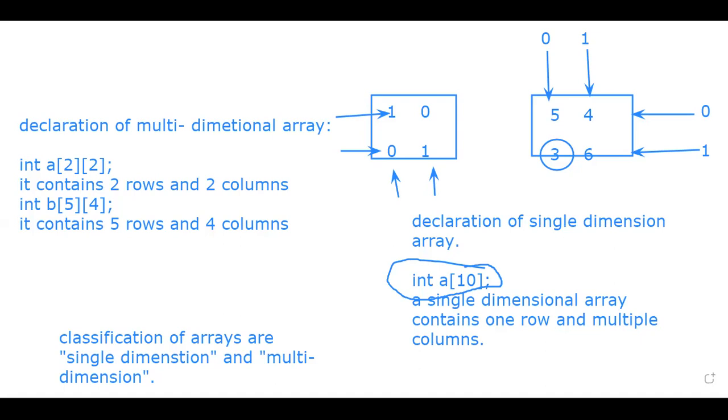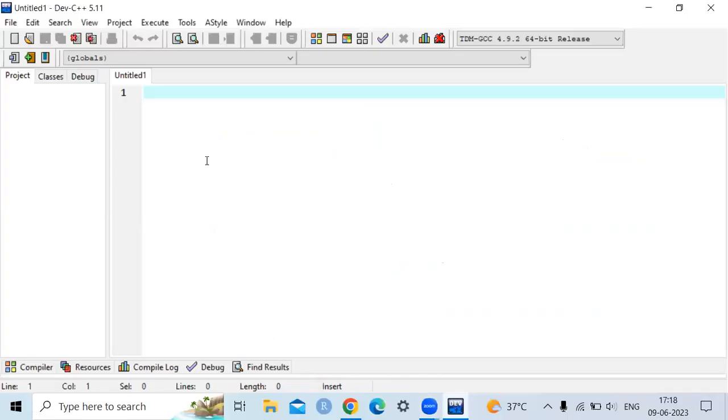Now we'll write a program to accept elements into a matrix of 2 by 2. The program name: program to accept elements into a 2-dimensional array.